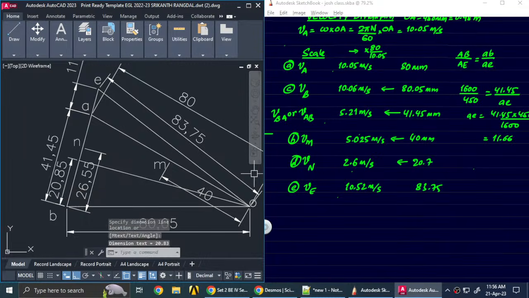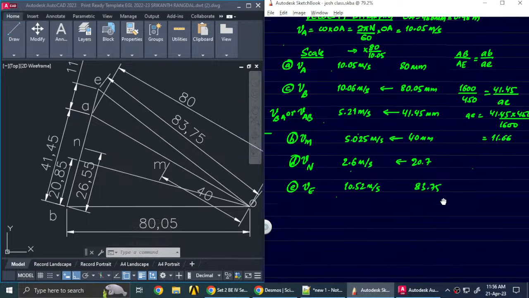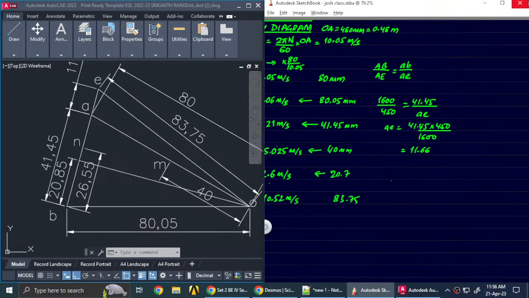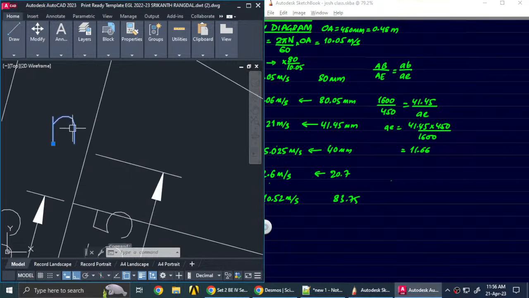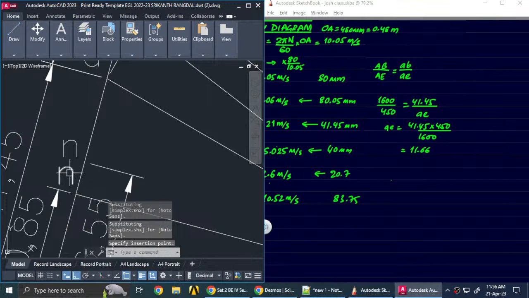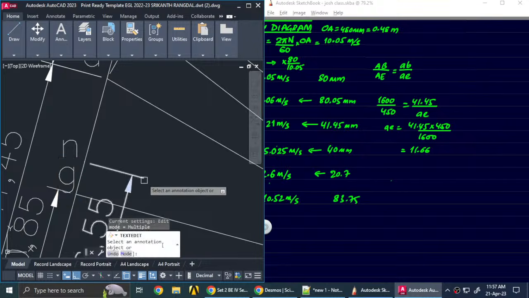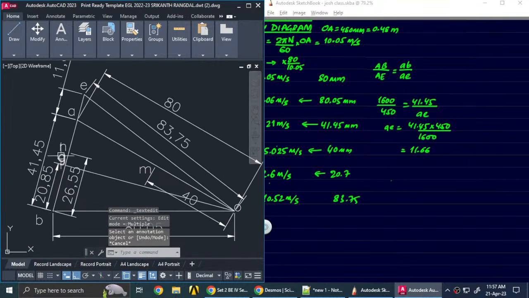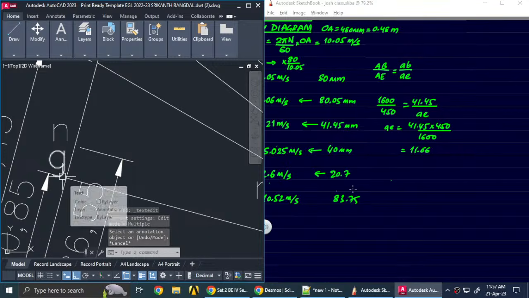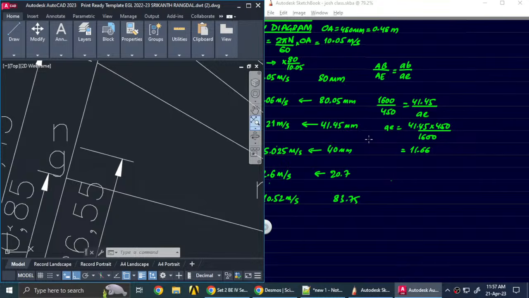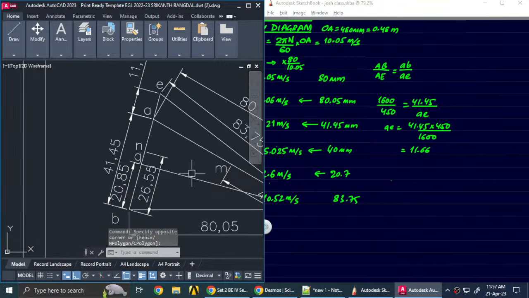So let's measure this. Okay, so 26.55 is the length over here. So that length we need to again convert. So let me call this point something. This is the point where the velocity is minimum, so let's call it G. G is the point where the velocity is minimum, and we have to find the capital BG.